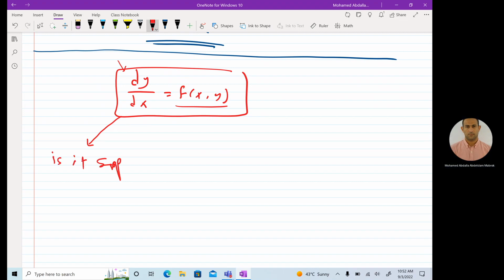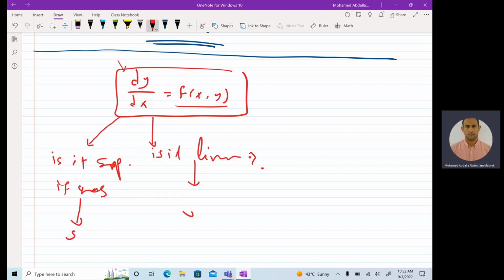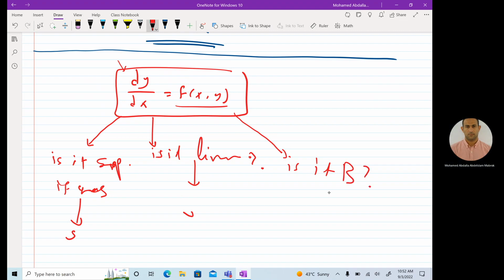is it separable? If yes, then solve it. If no, ask yourself, is it linear? If yes, solve it. If not, then move on. Is it Bernoulli? If yes, then solve it, and so on.